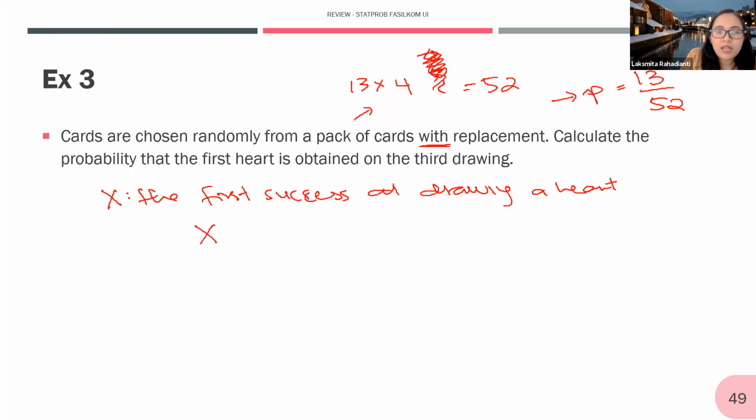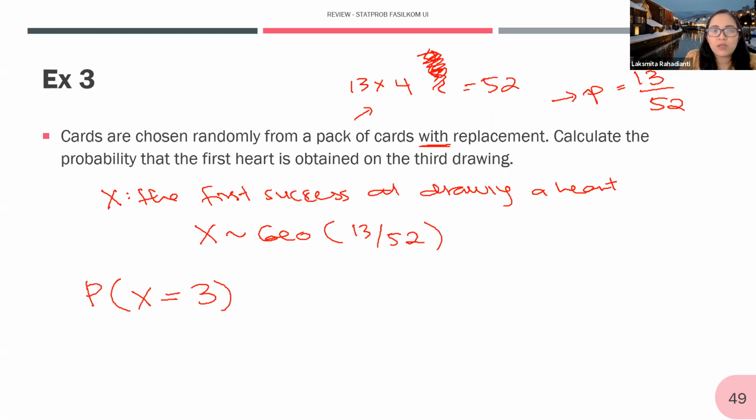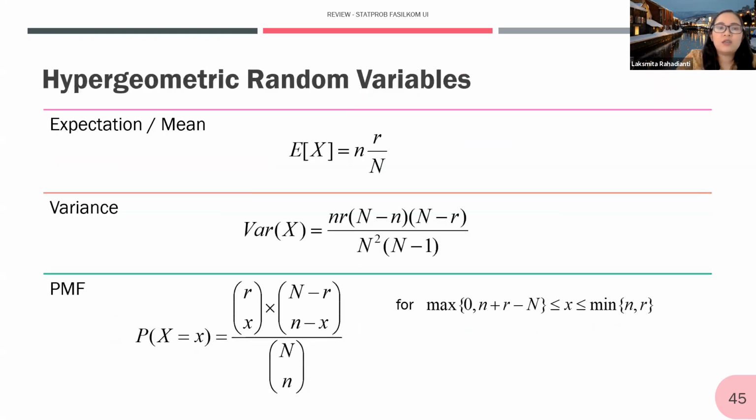So I can also write X as a geometric random variable that follows a probability of 13 over 52. And calculate the probability that the first heart is obtained on the third drawing. So what's the probability of X being equal to 3? I can just use as well here the geometric equation.